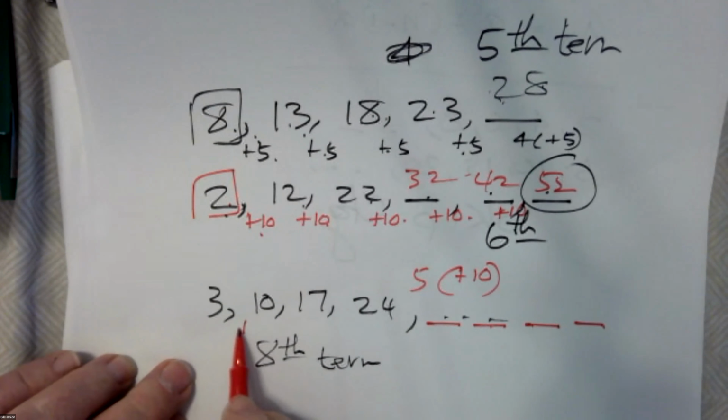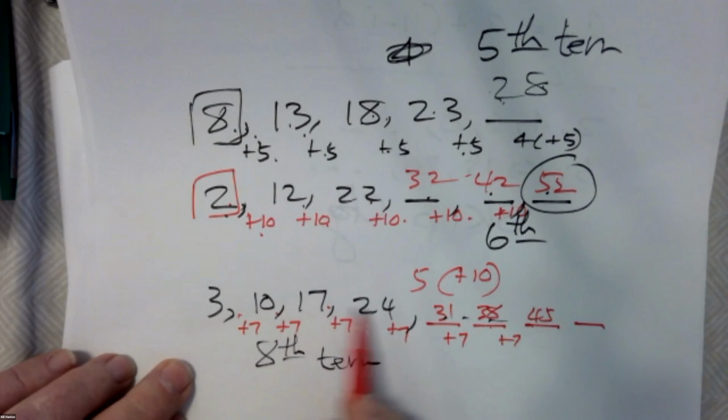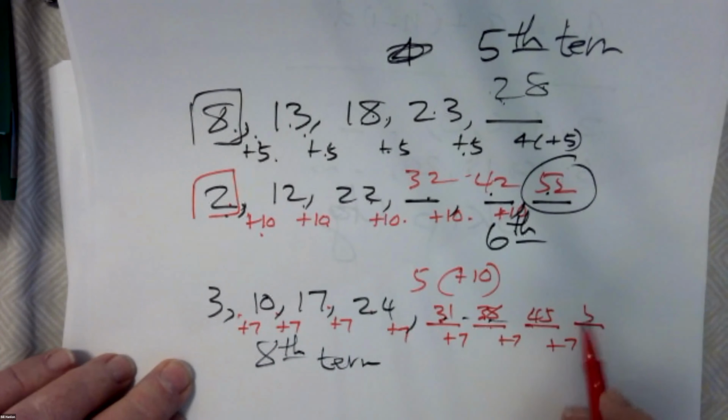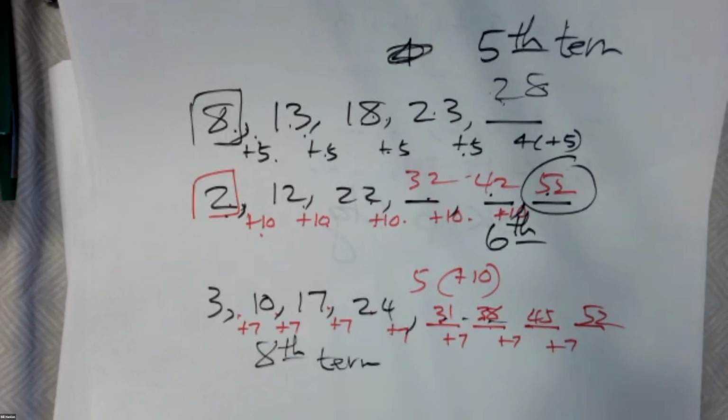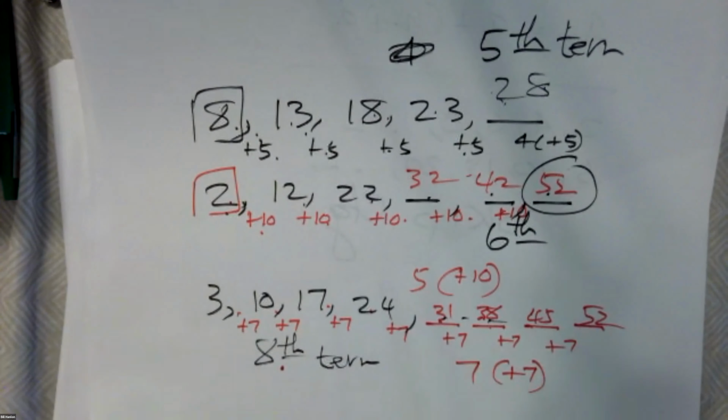So I'm adding 7 to get 31. I'm adding 7 to get 38. I'm adding 7 to get 45. 1, 2, 3, 4, 5, 6, 7. And I add 7 to get to 52. So the 8th term, how many times am I adding 7? It turns out to be 7 times.